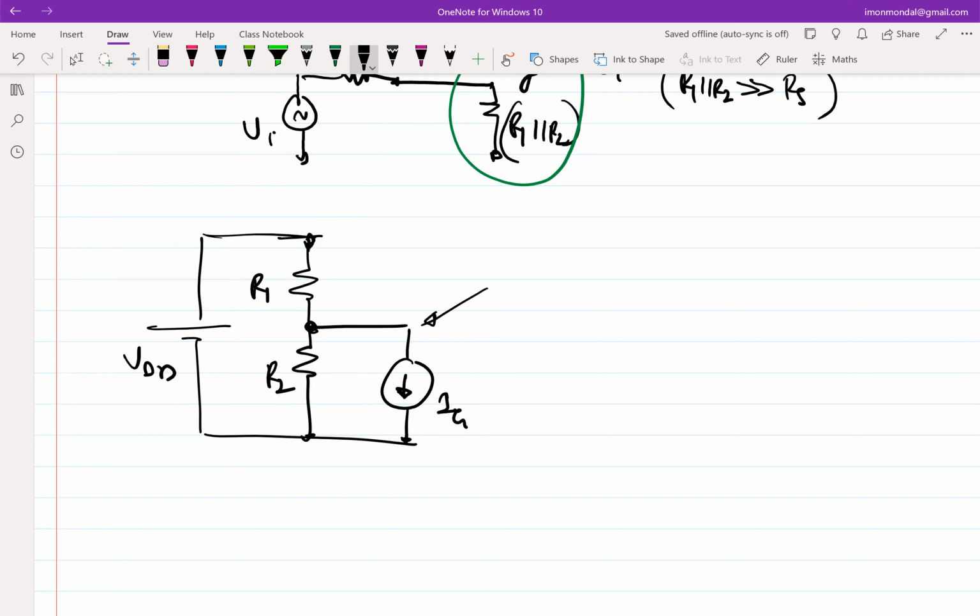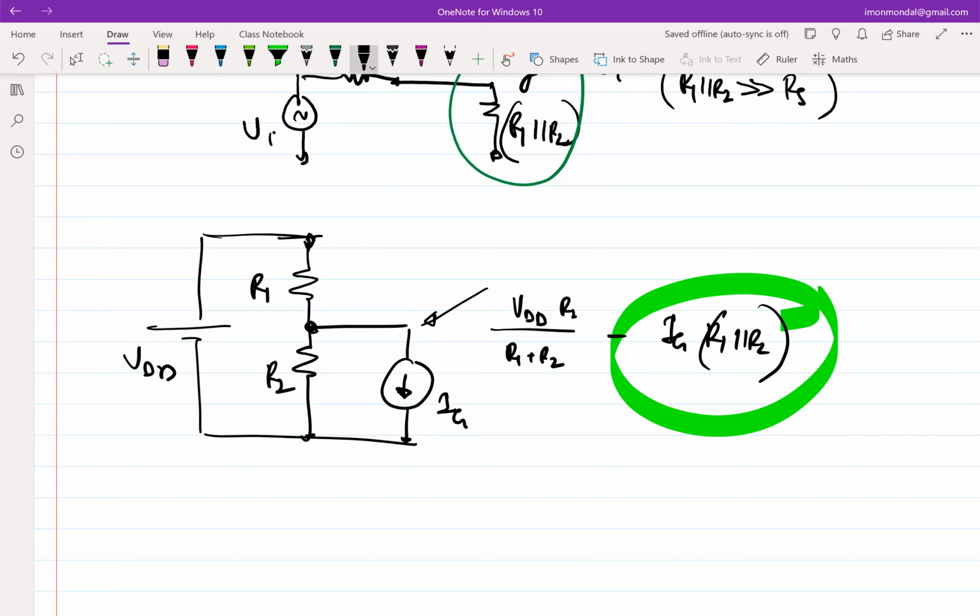You use superposition, right? So in the absence of Ig, this is VDD times R2 by R1 plus R2. In the presence of Ig, you short VDD, and this becomes minus Ig times R1 parallel R2. Correct? So this is the effect of loading.